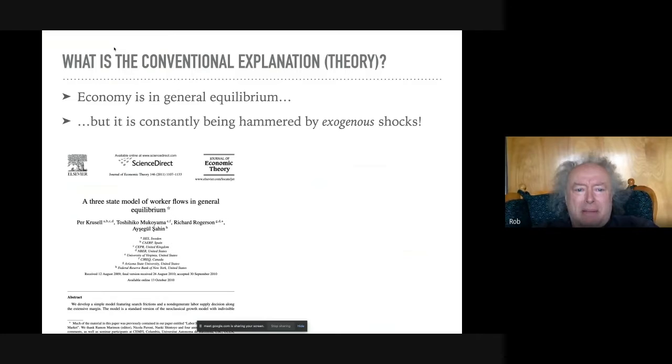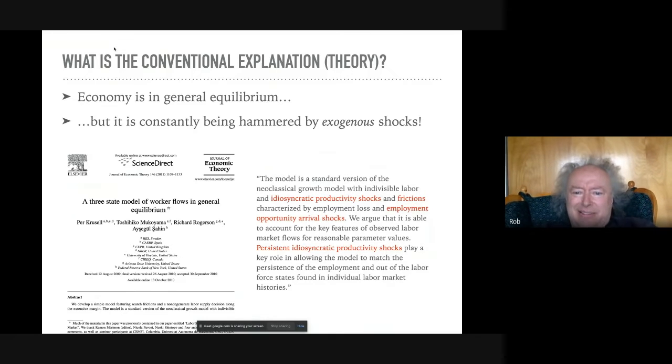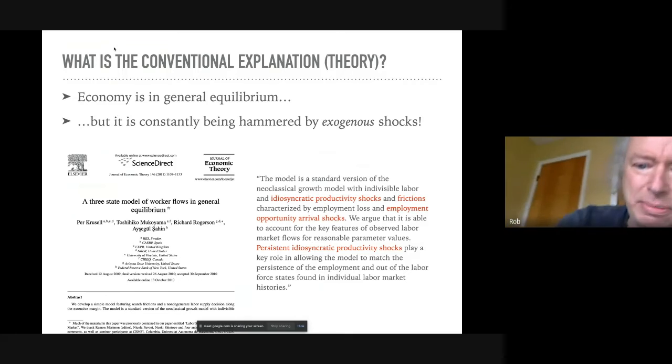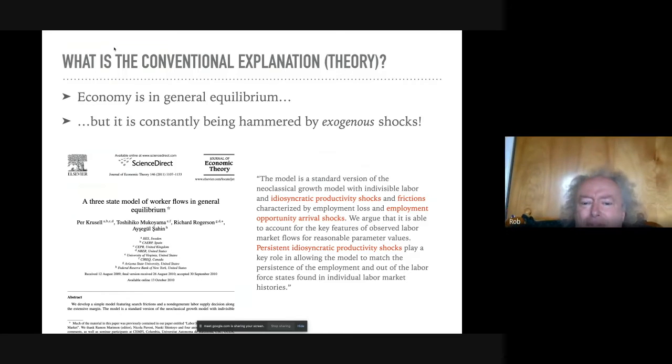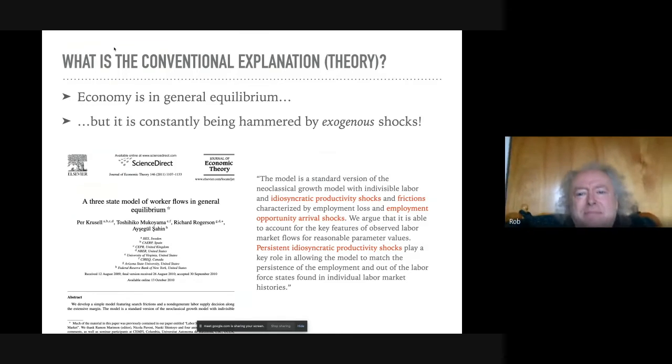Here's a paper from the Journal of Economic Theory from a decade ago, a well-known paper, which basically says, I'll just summarize it quickly, that idiosyncratic productivity shocks and frictions keep smashing the economy, and that produces all kinds of internal flows and fluxes. Okay, that's one possible idea, that you have these idiosyncratic shocks. Now, the productivity shocks could be due to technology changes, etc. But that's one possibility. Today, I'm going to show you a model where we don't have any of this.